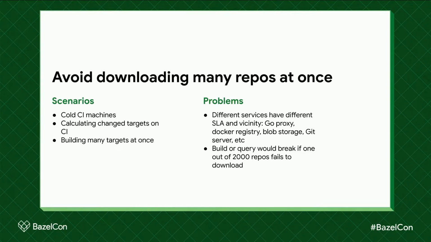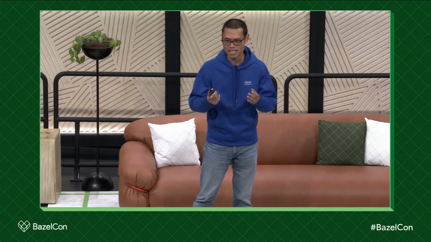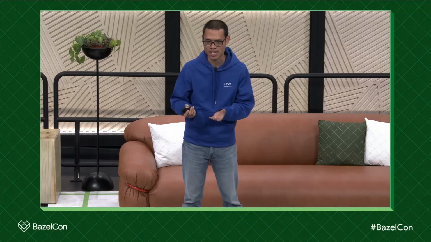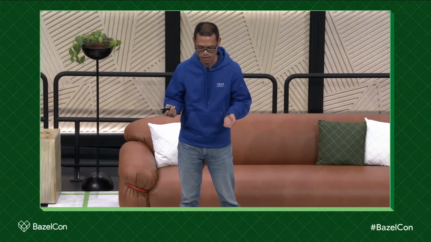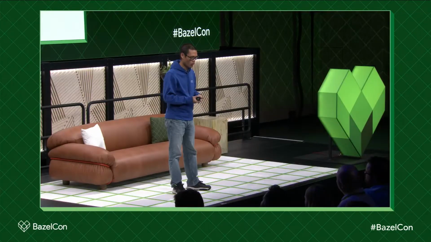The next lesson we want to share is to avoid downloading many repos at once. So why do we want to do that? Our CI is running on cloud. And for the CI cluster, there are always new machines joining the cluster. And if that new machine happens to be assigned to a shard that needs to run the changed target calculation, or happens to need to build a lot of targets at once, then it will have to download all the repos at once.